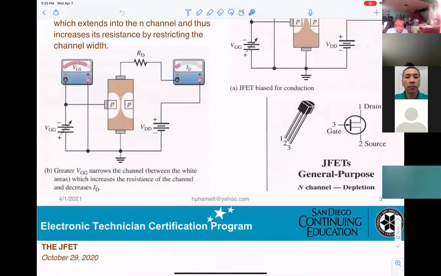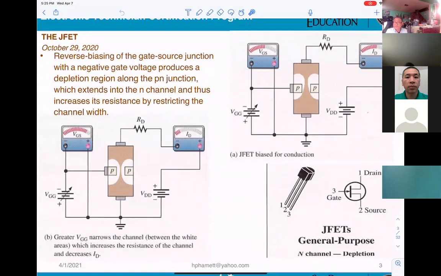Mr. Fan, I have a question about this. Yeah, go ahead. This slide. It's tough for me to understand a little bit the pictorial representation of the voltage on the gate. The meter, the red part showed the needle more to the positive side, but you said that when it is more negative, we're going to get less current between the source and the drain.